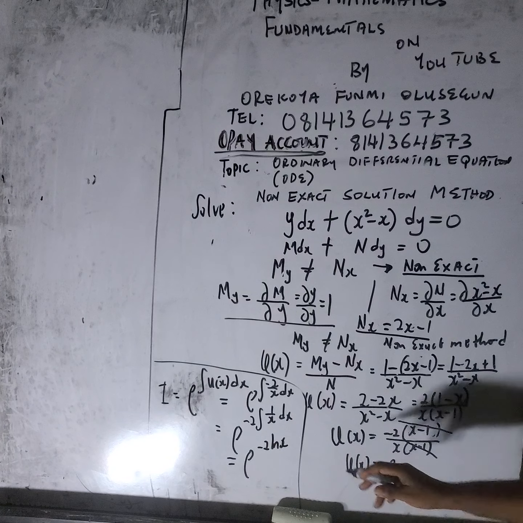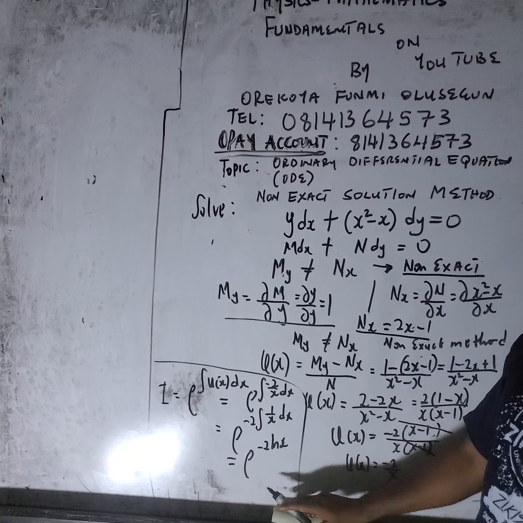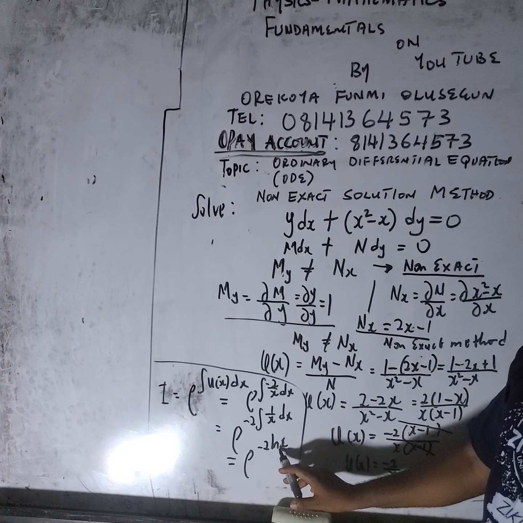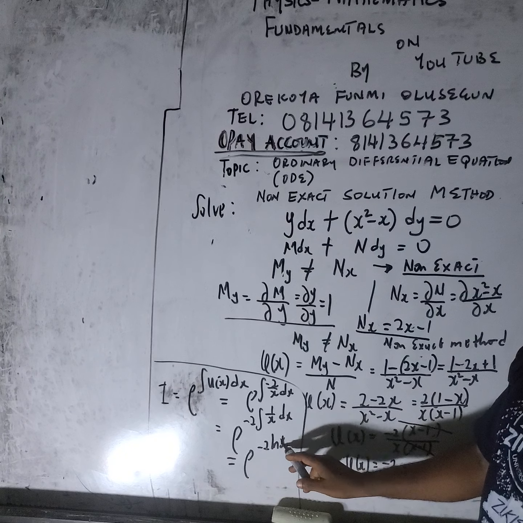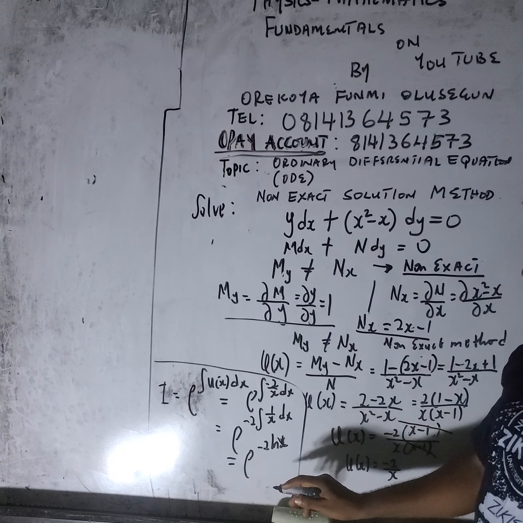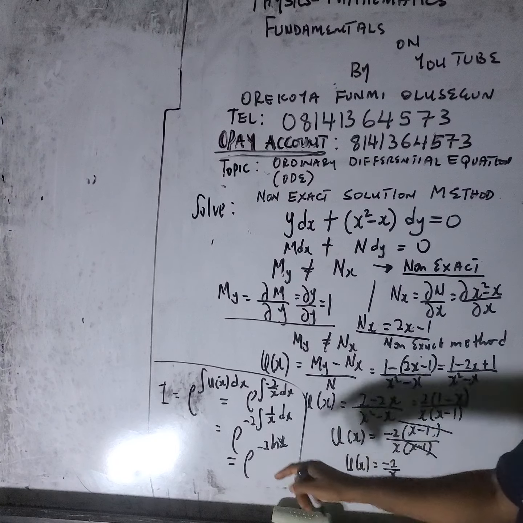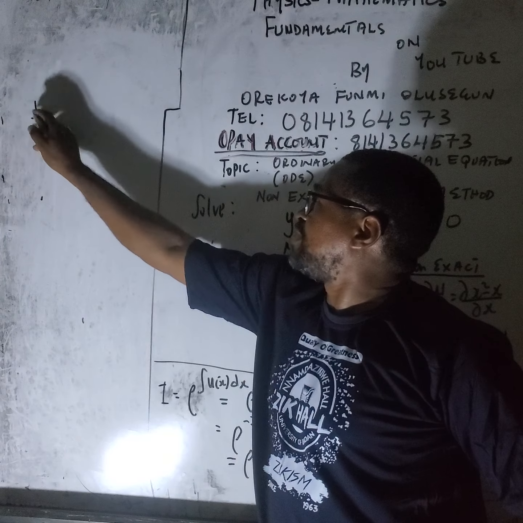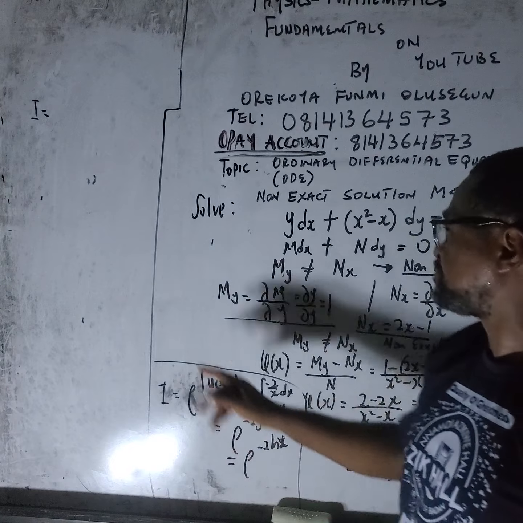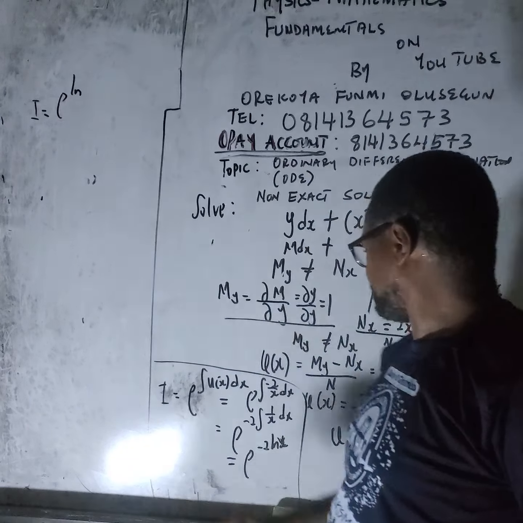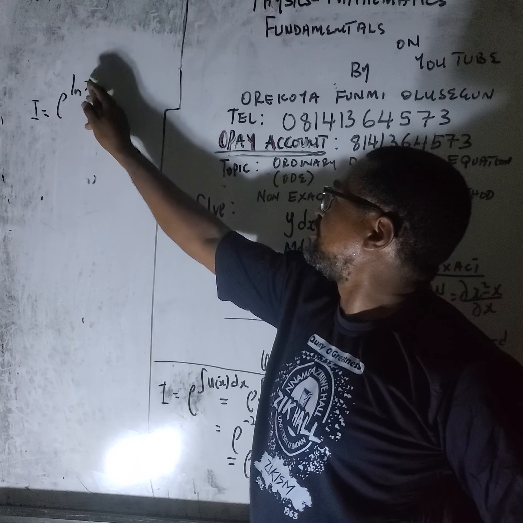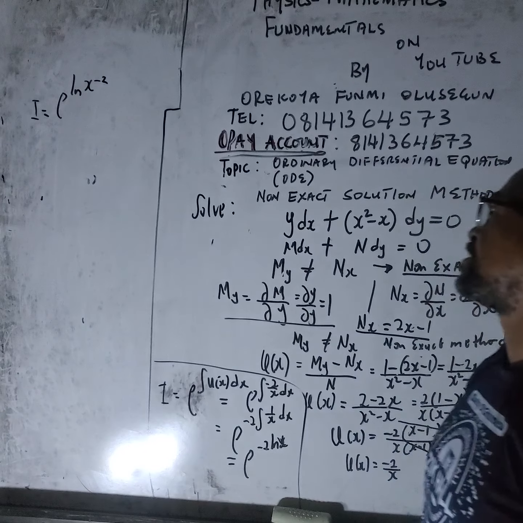And then when you are using a factor to multiply a logarithm, that particular factor will be the power of the expression inside that logarithm. So our integrating factor will be in the form e raised to power ln x raised to power -2.